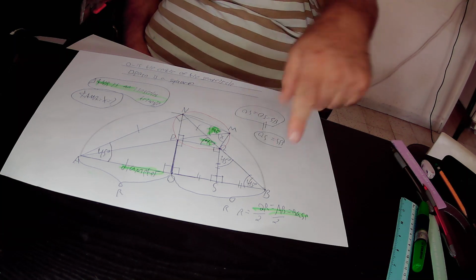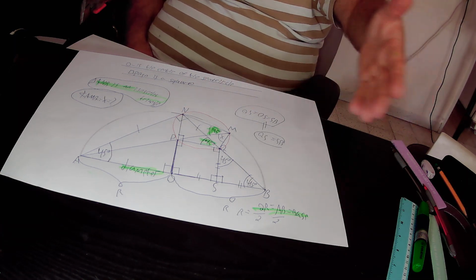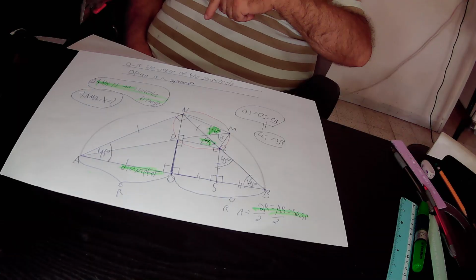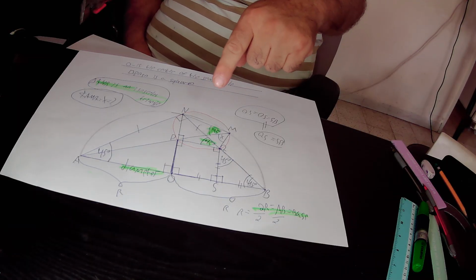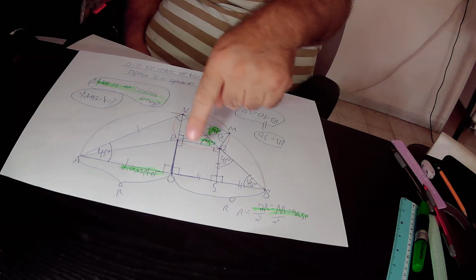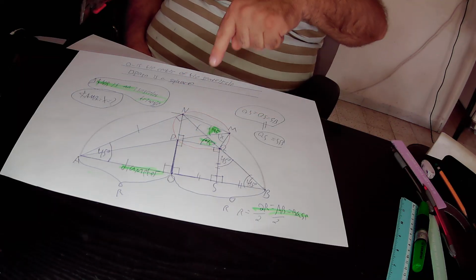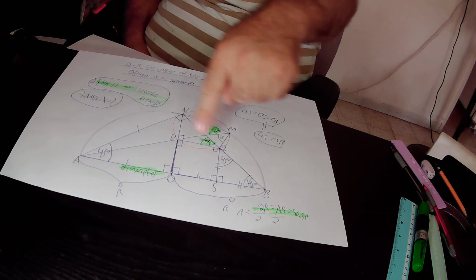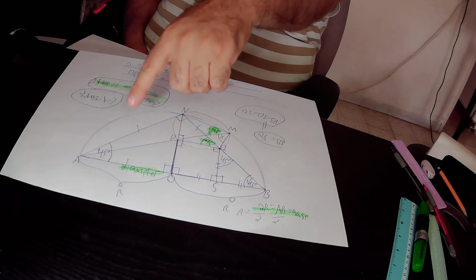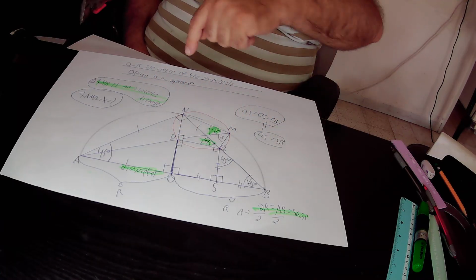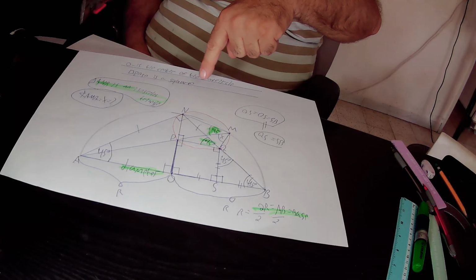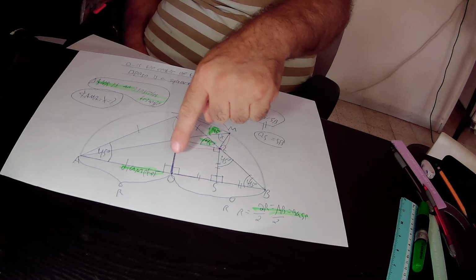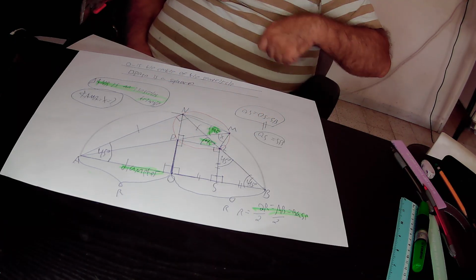So the midpoint of AB is at point O, that is the center of the semicircle. Therefore, the perpendicular from point N will touch the base AB at point O. So the perpendicular NO bisects the base AB into two halves. The first half is R, the second half is also R. Because it is a perpendicular, this angle equals 90 degrees and this angle also equals 90 degrees according to our construction.